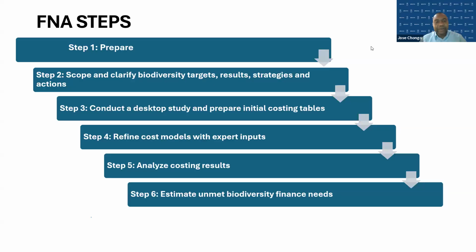And then on step 5, you analyze the costing results and then you estimate unmet biodiversity finance need through a strategy that you have briefly touched upon before, which is covered in more detail in the course.